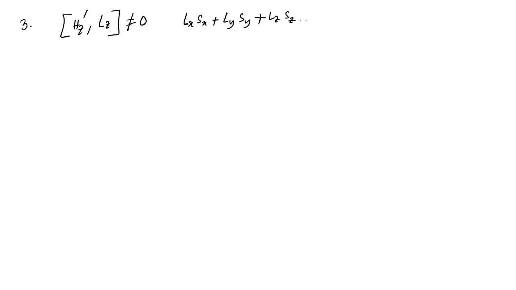Okay. The third thing that we need to check is that this Hz prime with Lz is not equal to 0, and that is easy to see because this Hz prime involves Lx Sx plus Ly Sy plus Lz Sz, and it does not commute with Lz because Lz with either Lx or Ly is not equal to 0.